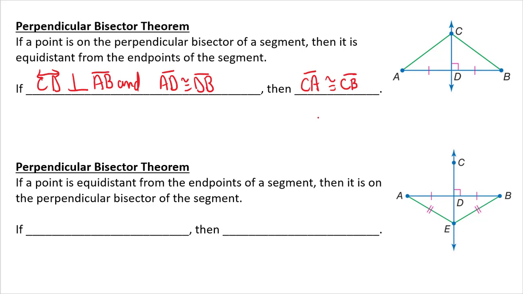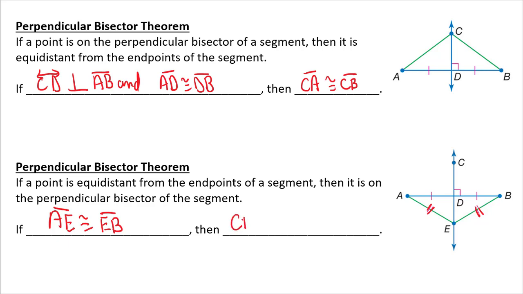Perpendicular bisector theorem, I guess this is kind of the converse of that. I wonder why I don't have converse written there. If a point is equidistant from the endpoints of the segment, so if AE is congruent to EB, so if these segments are congruent, then that point is on the perpendicular bisector.